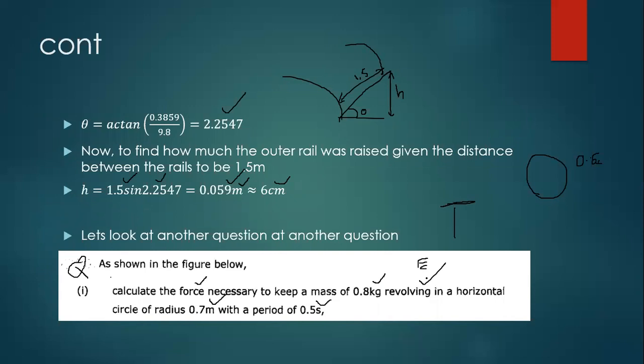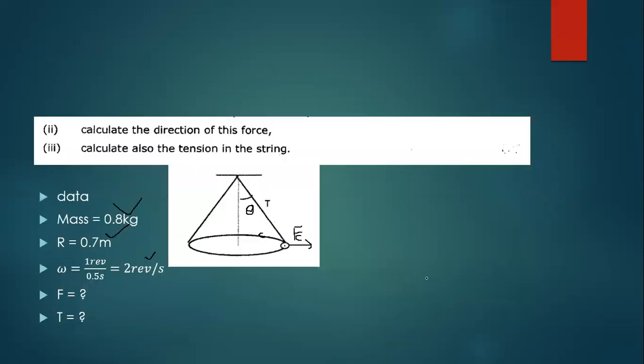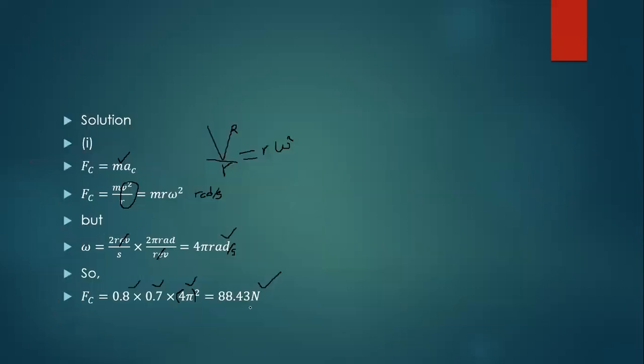They will not always say calculate centripetal force. In fact, they will never even say it. They'll always put in a twisting language, but you always have to know what they are asking for. Of course, this was an examination question, as you can see. And so this is how simple it was to calculate that force.